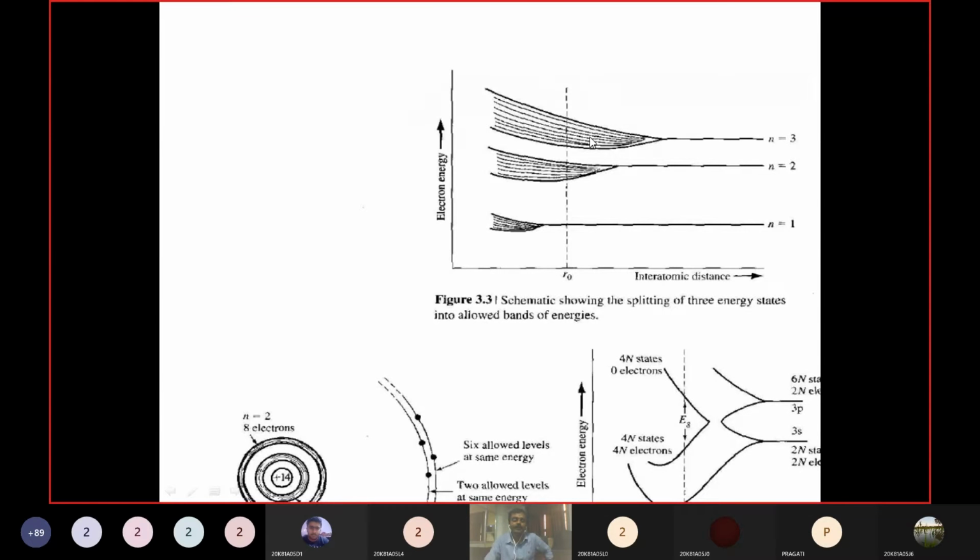Because of these free electrons, conduction takes place. That's why we call these electrons conducting electrons. The energy band of these electrons we call the conduction band.